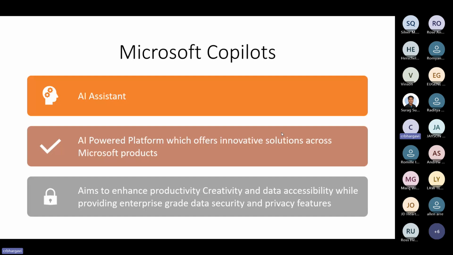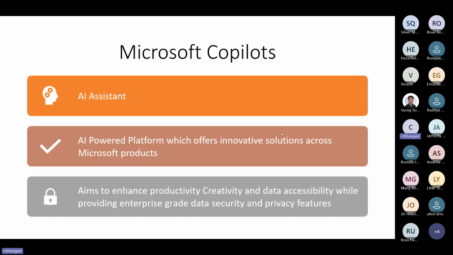This Copilot is an AI assistant that does pair programming for you. What we mean by pair programming is that you have a programmer sitting next to you, guiding you as a second developer.